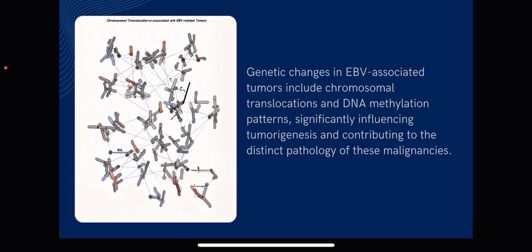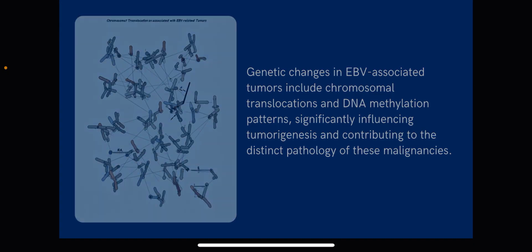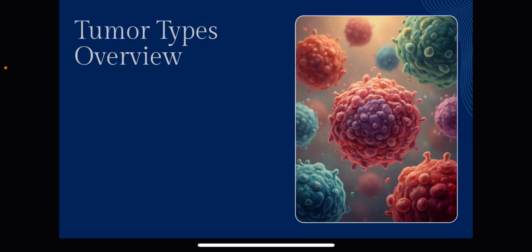The genetic changes in the Epstein-Barr viral associated tumors include chromosomal translocations and DNA methylation patterns, significantly influencing tumorigenesis and contributing to the distinct pathology of these malignancies. Now let's see what are the tumor types associated with Epstein-Barr virus.